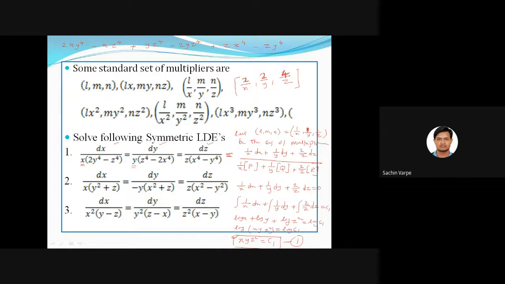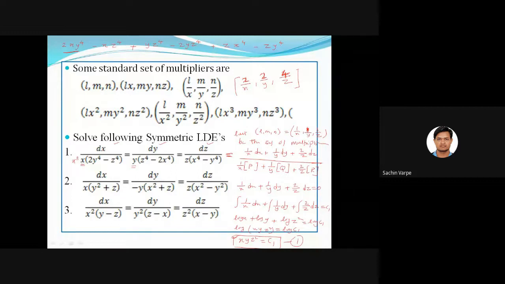So to cancel each of these terms, see here 2xy raised to 4. So what should I do? If I multiply this first ratio by x cube, then will it work?